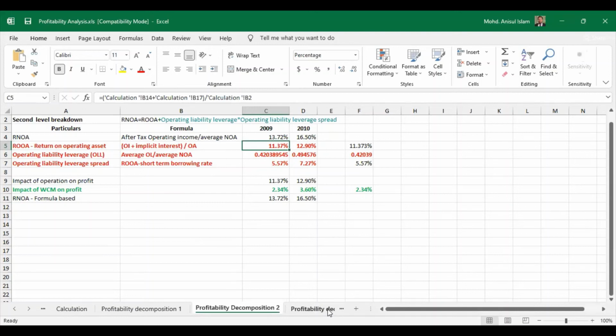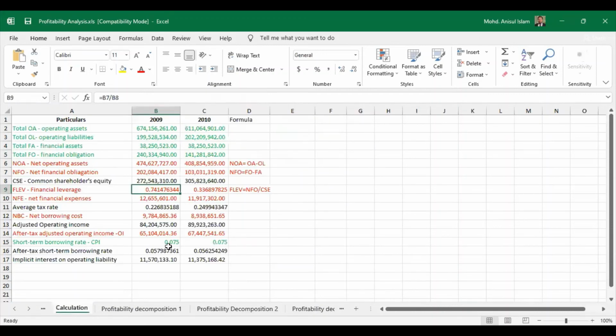As long as we do not have costing for individual operating liabilities, we make a proxy by taking the average inflation rate, which is more than 5.5%, and that is our short-term borrowing cost.